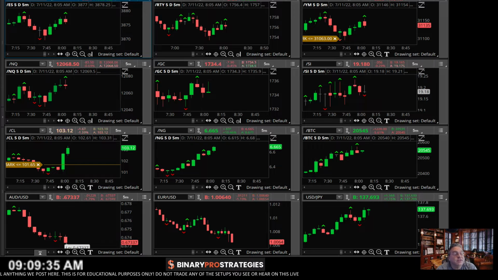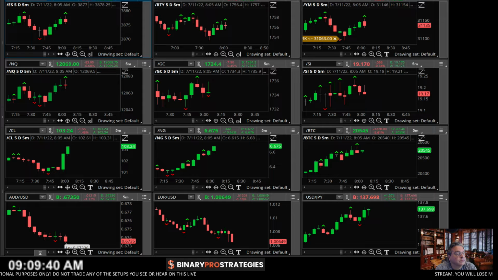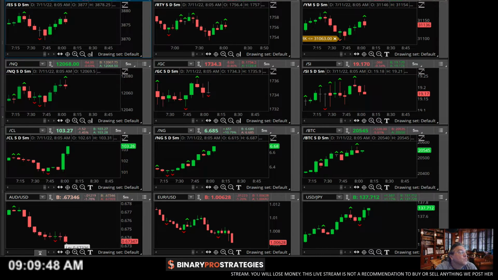Crude oil did hit that second target, so we're out of the crude. And let's see what the reversal is going to be on this mini Dow. Reversal point's going to come in at 312.13.